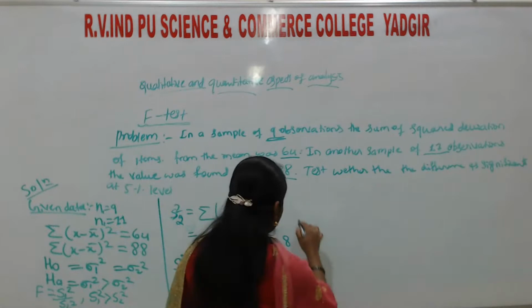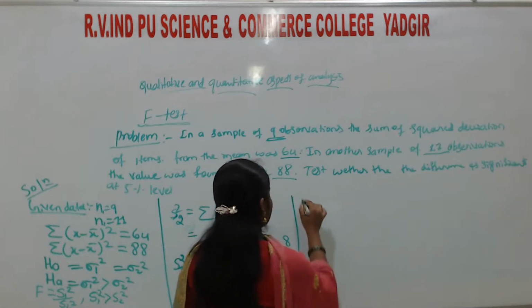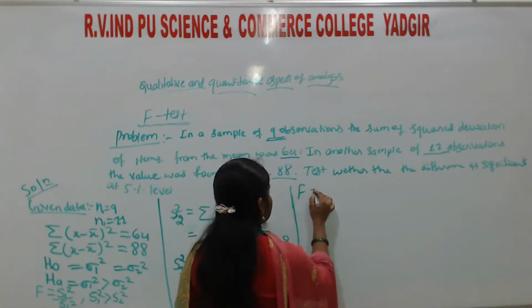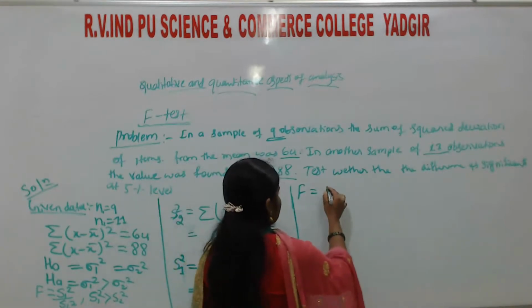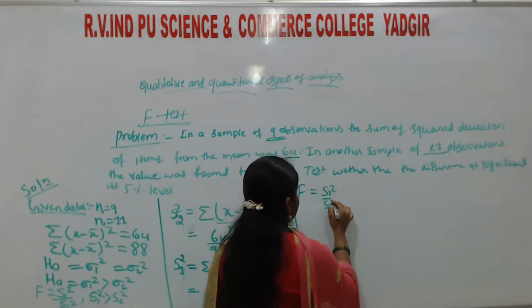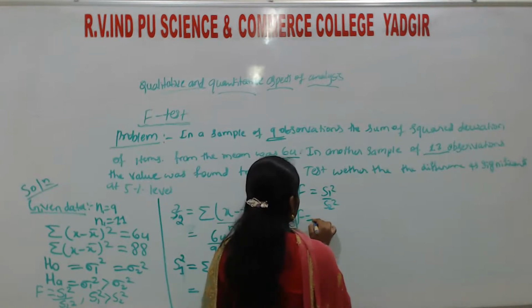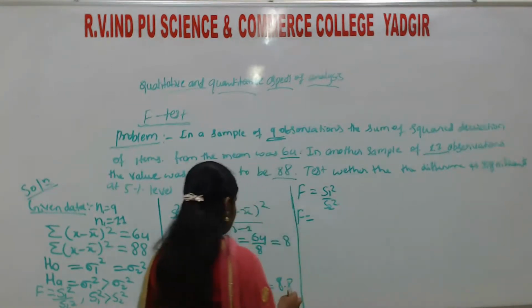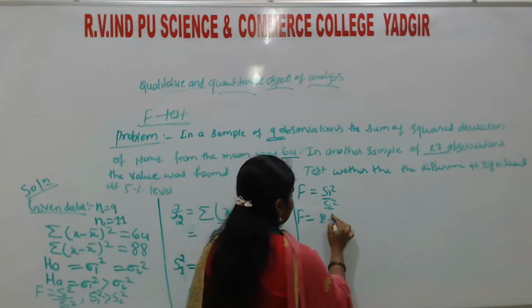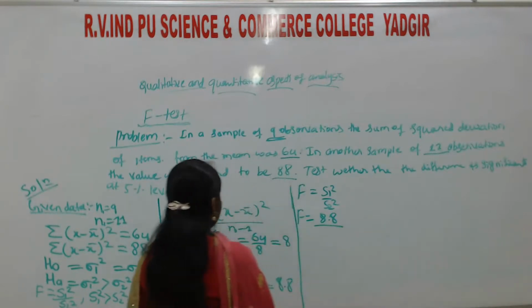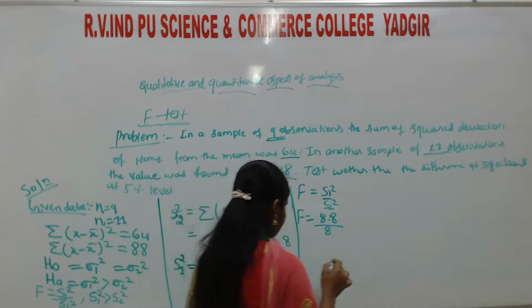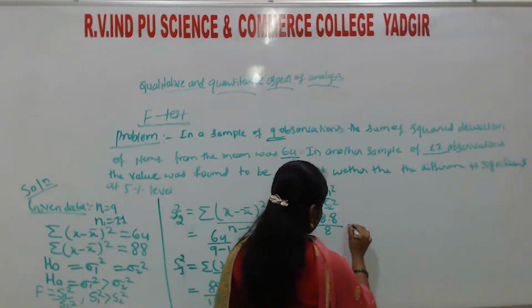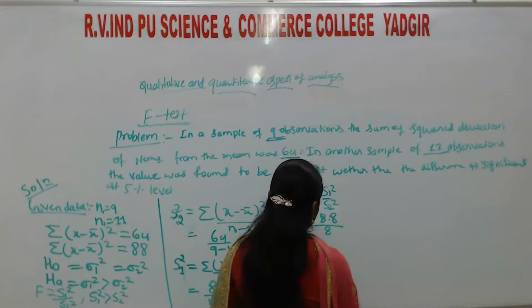Next you apply the F formula, F test is equal to S1 square divided by S2 square. Therefore, F is equal to S1, meaning 8.8, divided by S2, meaning 8. Therefore, F is equal to 1.1.